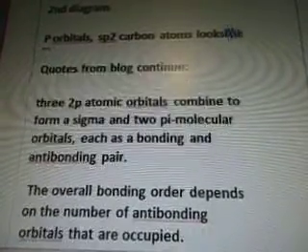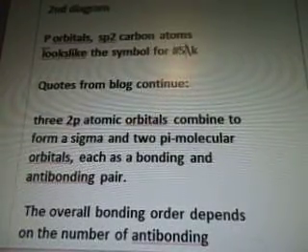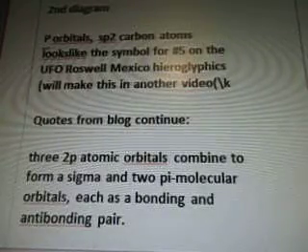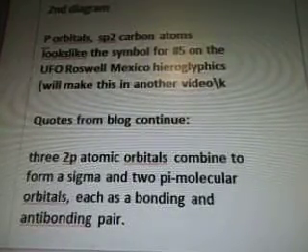Looks like the symbol for number 5 on the UFO Roswell, Mexico, hieroglyphics. We'll make this in another video. I'll do another video about it. Yeah, I can't type today like beans. This is me today.